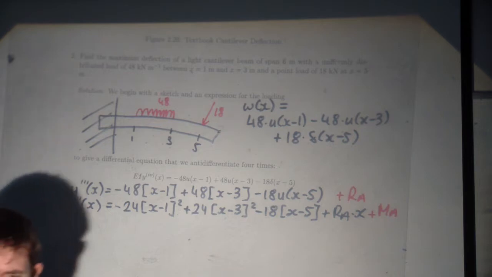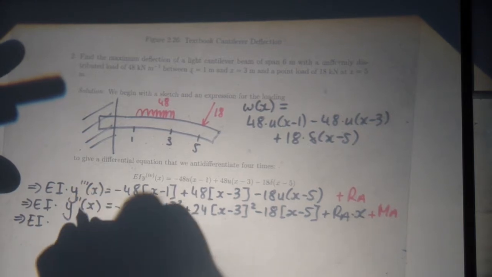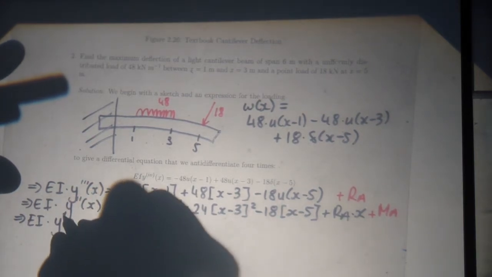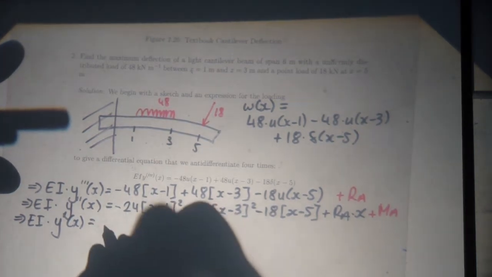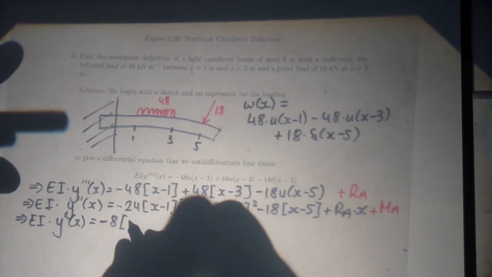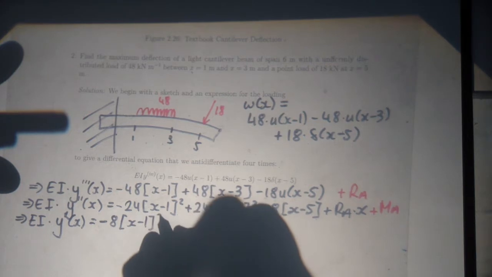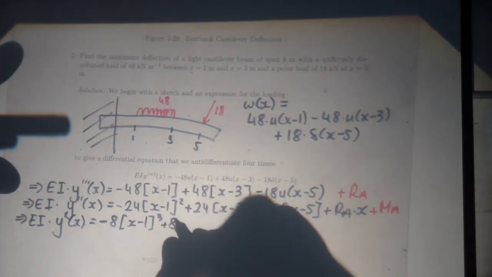Now we anti-differentiate again. So fix the constant EI, the antiderivative of the second derivative is the first derivative. Now here you get square bracket cubed over 3, so you'll have minus 24 over 3, which is minus 8, square bracket cubed. This will also give you 8.